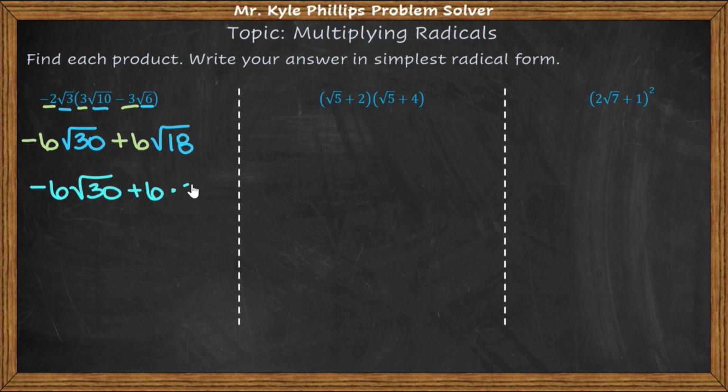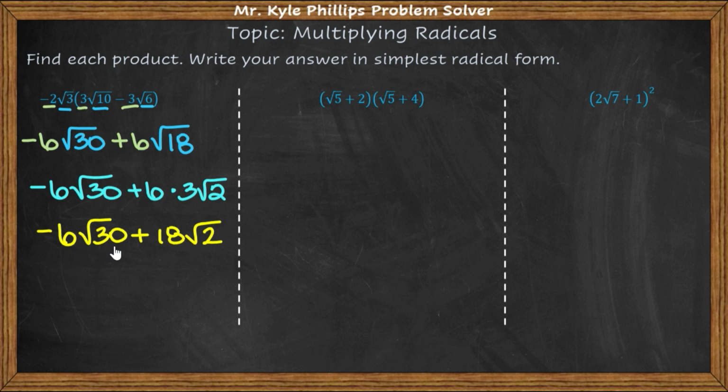So this is 6 times 3 times the square root of 2, because 18 divided by 9 is 2. So here I need to simplify and say 6 times 3. So I'm going to have negative 6 times root 30 plus 18 times the square root of 2.